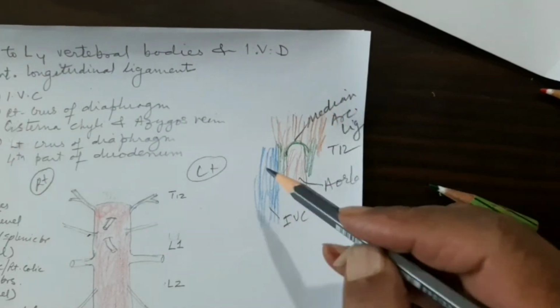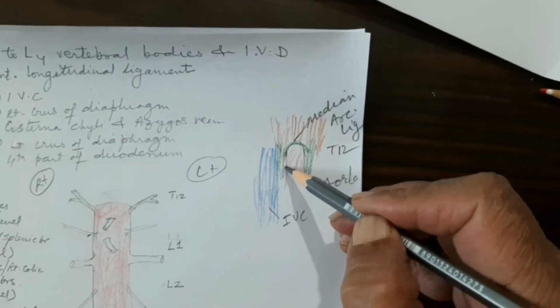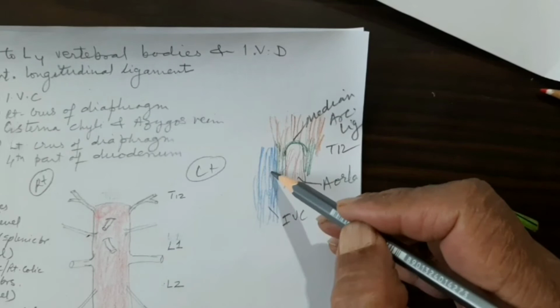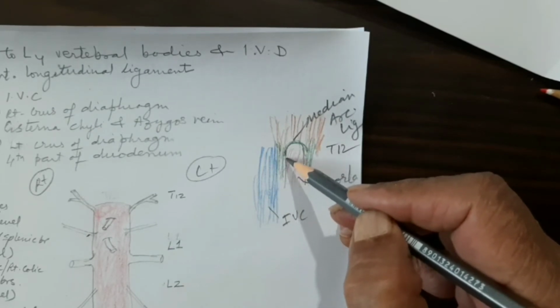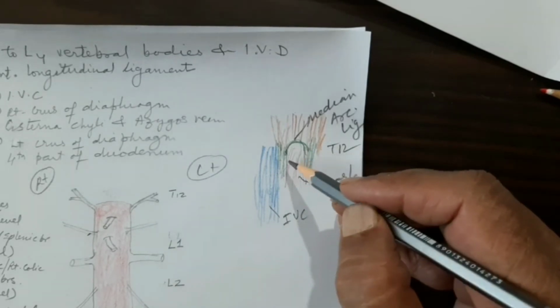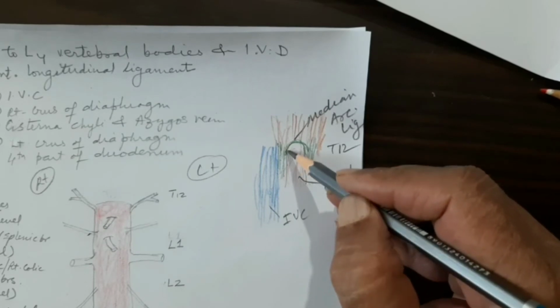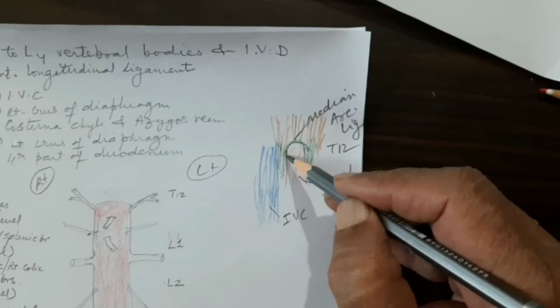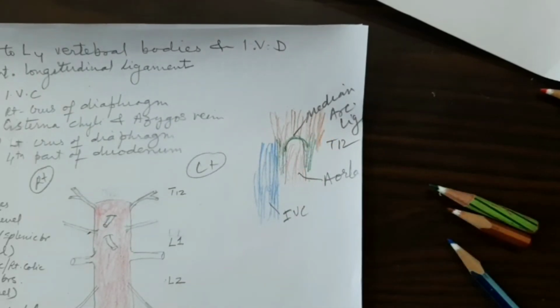Now on the right side, beside the right crus of the diaphragm and the inferior vena cava, there will be another structure which will be passing through this abdominal opening. It is the cisterna chyli, which will ultimately give rise to the thoracic duct, and the azygous vein.